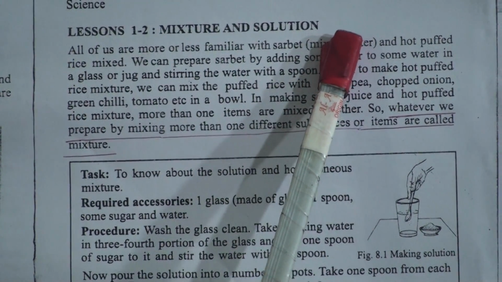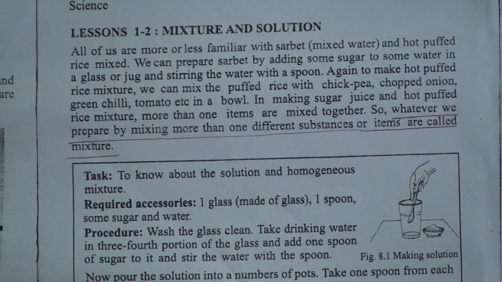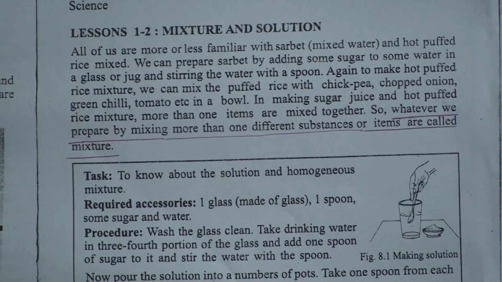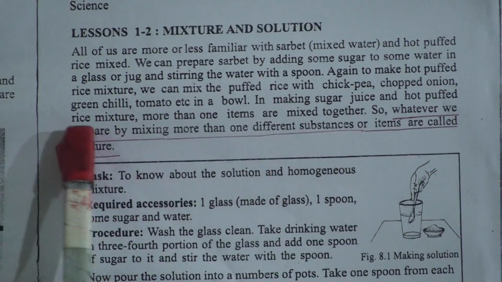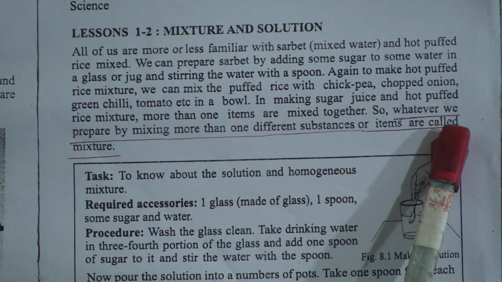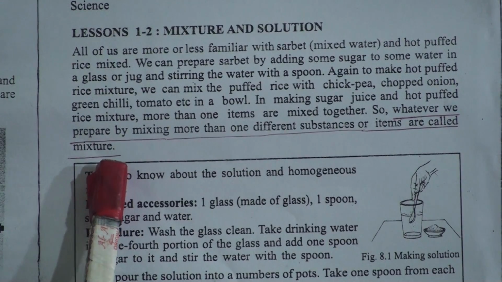In our class we know about different kinds of things, that some are mixture, some are solution, and some are colloid. So, what is mixture? Whatever we prepare by mixing more than one different substances or items are called mixture. Again I repeat, what is mixture?